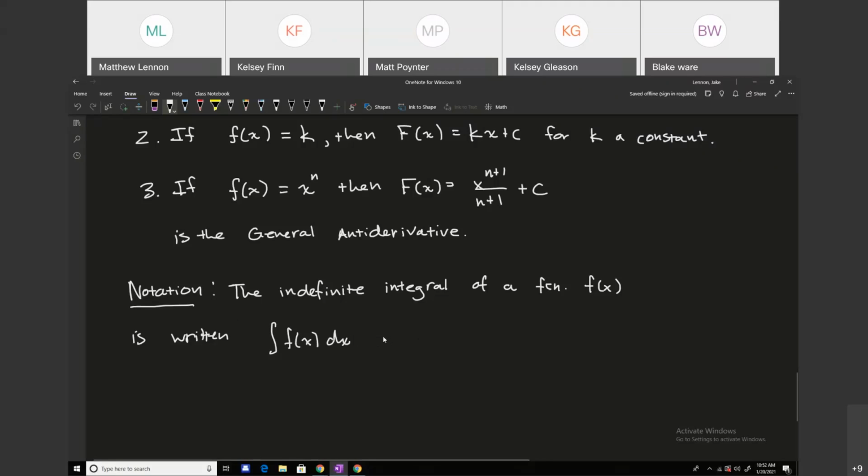One way to think about it is that this means find the general antiderivative of f of x.